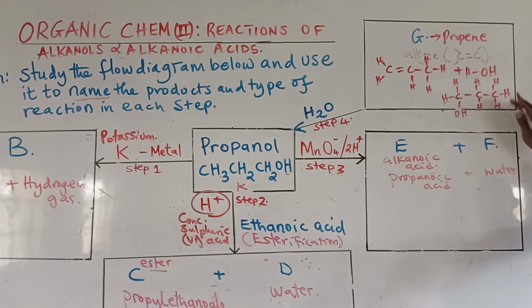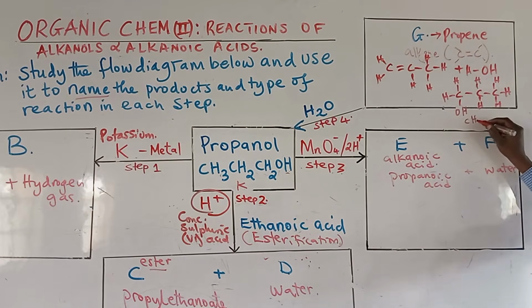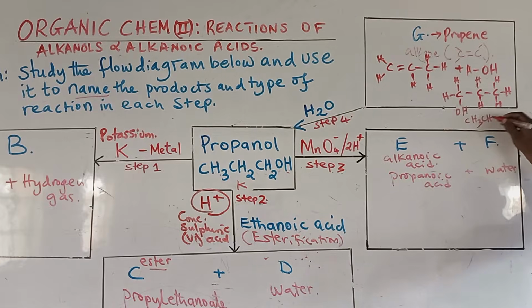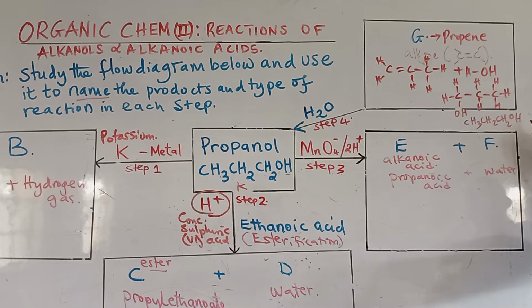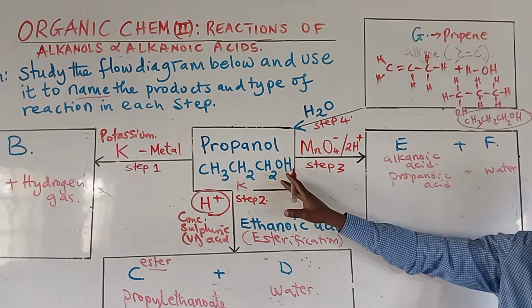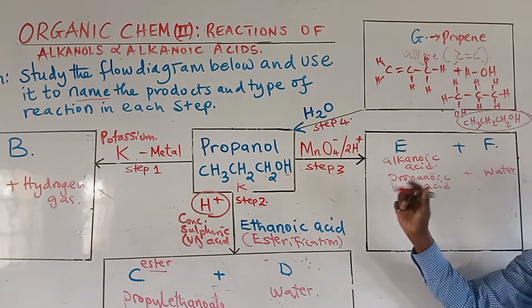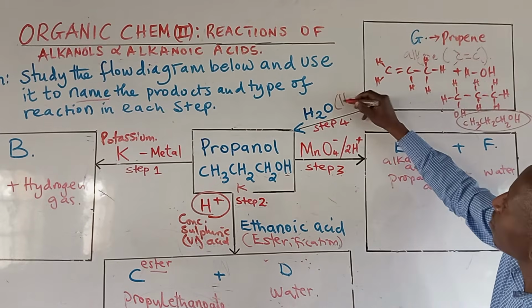So we are able to see this is CH3, if I may write it down. This is CH2, and this is CH2 with an OH. And this is propanol, what we began with. So step number 4 is actually called hydration.